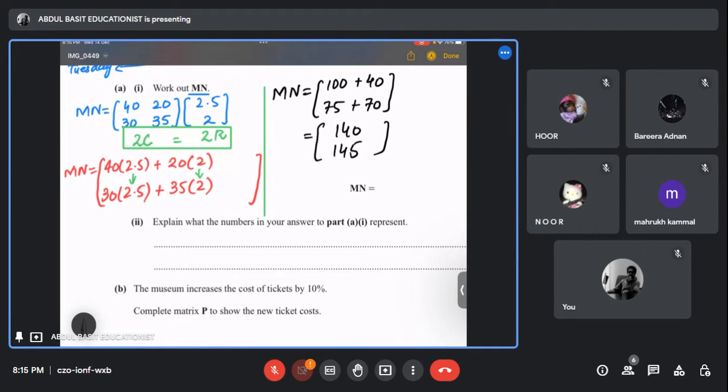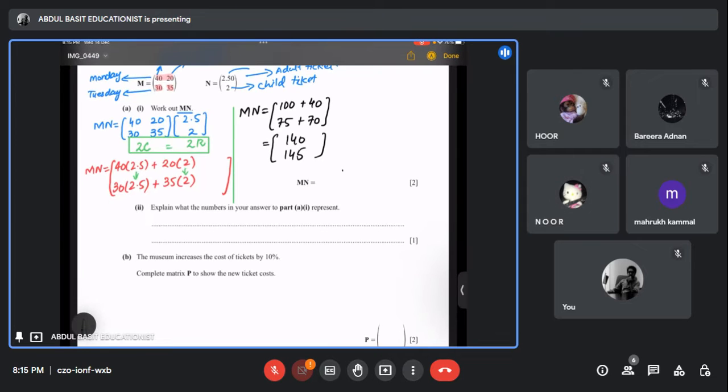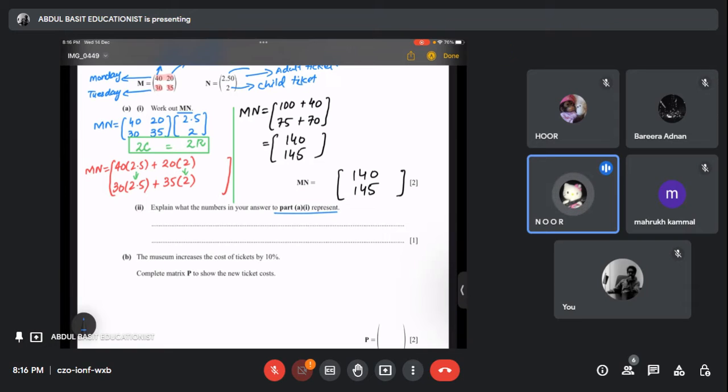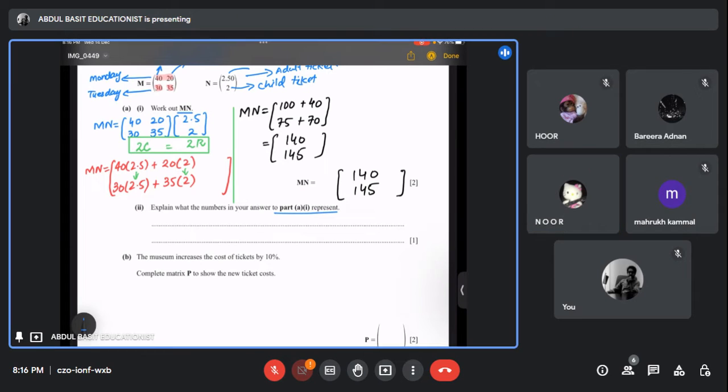Right, Noor? Yes, sir. So Noor, can you please tell me what this result is showing? 140, 145. Explain what the numbers mean. Sir, it is the cost of tickets on Monday and Tuesday. Yes, because this first part is Monday and the second part is Tuesday.